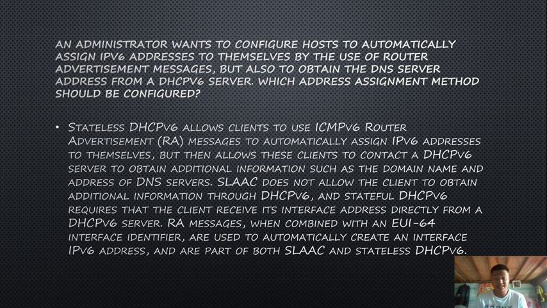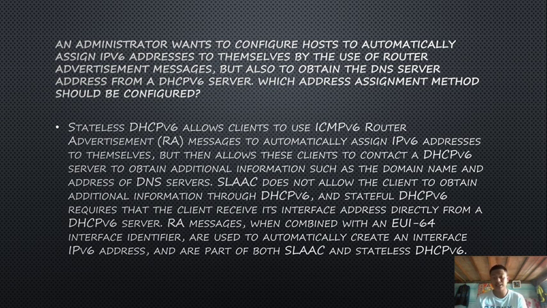Stateless DHCPv6 allows clients to use the ICMPv6 router advertisement, or RA, message to automatically assign IPv6 addresses to themselves, but then allows these clients to contact a DHCPv6 server to obtain additional information such as the domain name and the address of the DNS server.